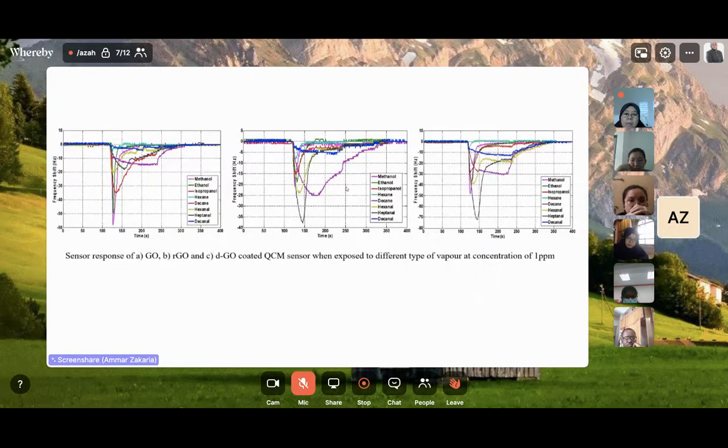All right, okay. So this is the typical response from a QCM sensor, right? First of all, you need to sniff, right? This is the baseline, right? When you sniff, the sensor picks up the analytes and the response will go down, right?